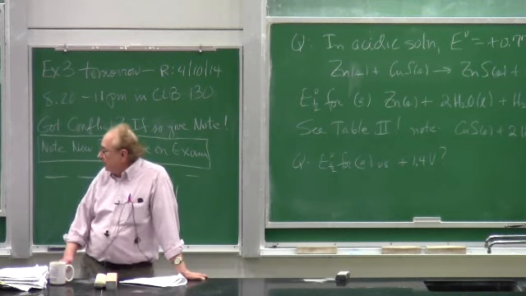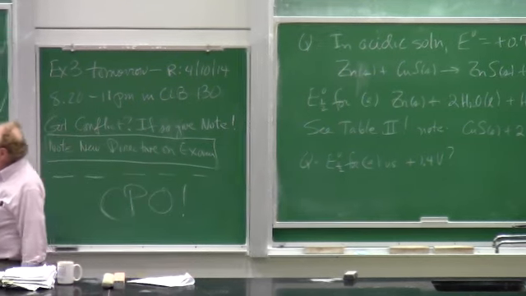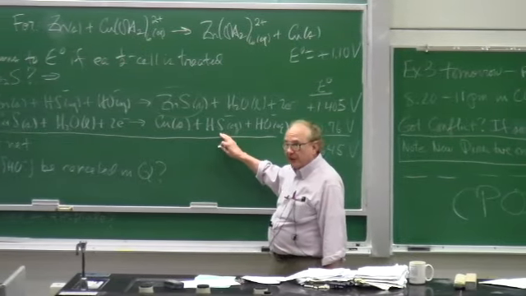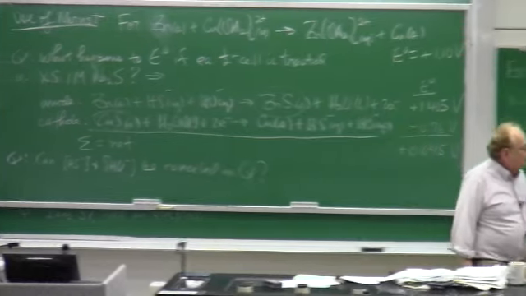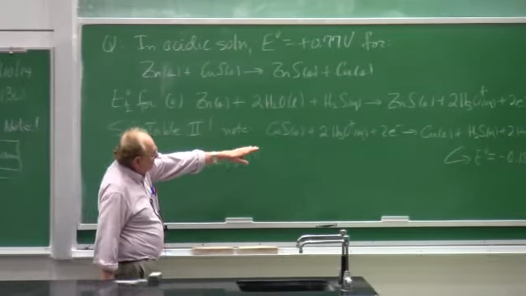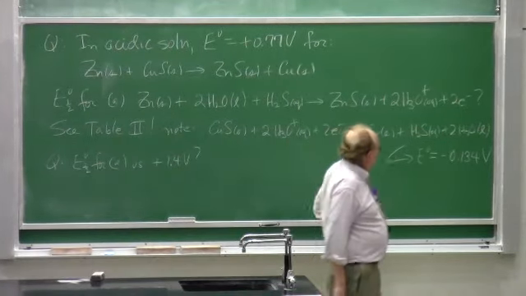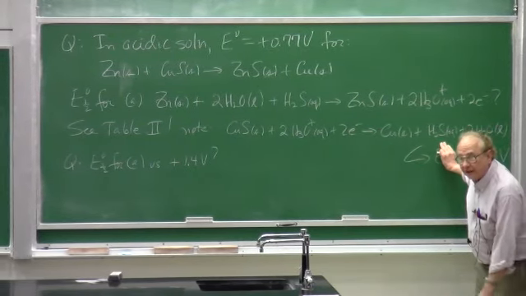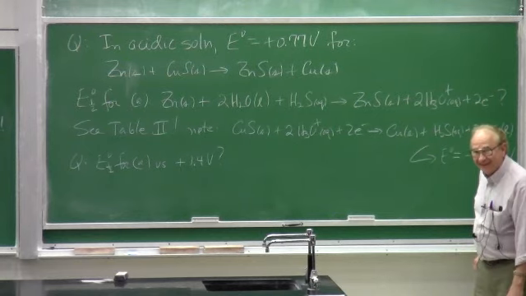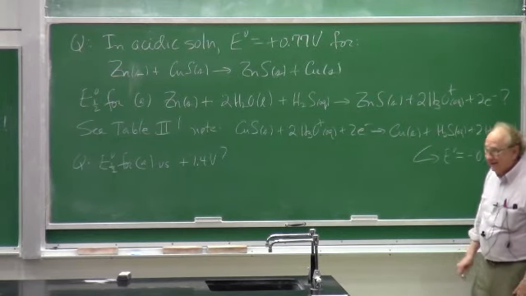Or put another way, here to make sulfide ion available to react with oxidized copper and make copper sulfide, I've got to break one HS bond. But here to make sulfide ion available to react with oxidized copper and make copper sulfide, how many HS bonds do I have to break? Two. Is that going to cost me more?